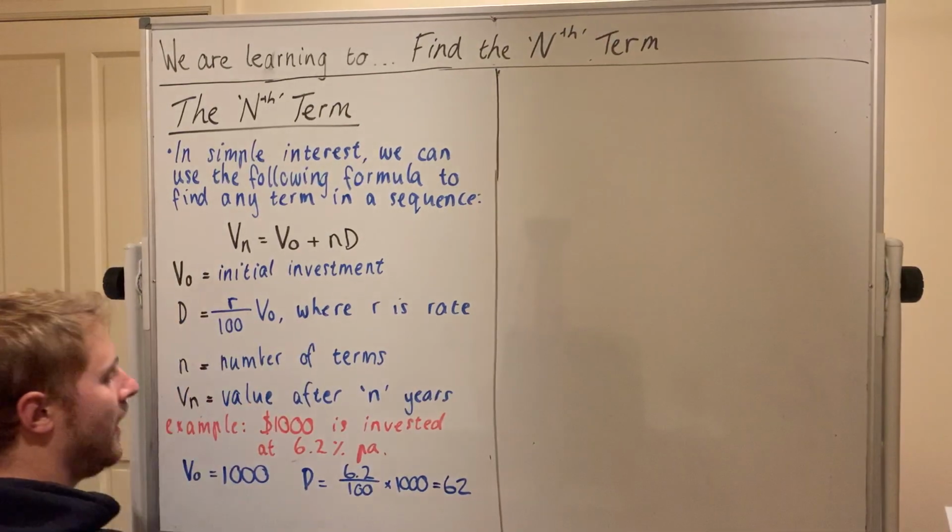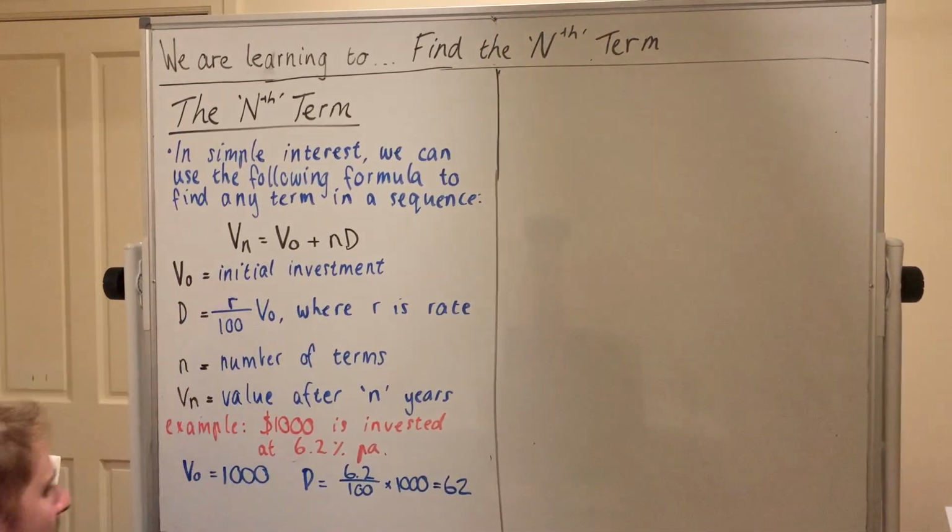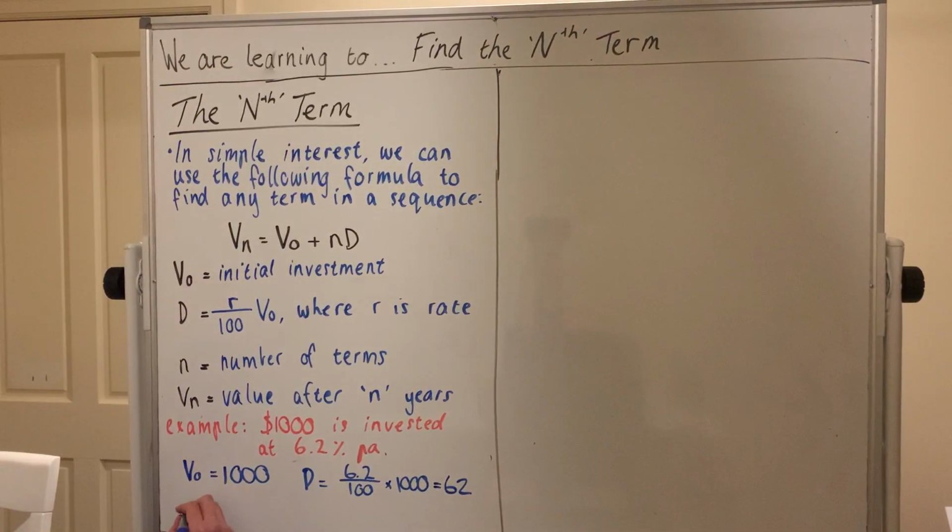Fantastic. Now we can write that in a recurrence relation. So Vn equals V0, 1,000, plus, we'll say 62n. So it's like writing it out in algebra, 62 times whatever term number it is we're trying to find. So let's say I want to find the fifth term.